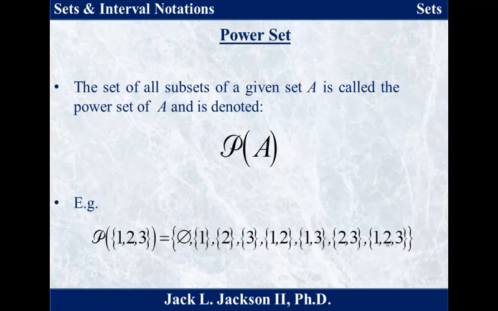We have the set of size 0, the empty set; the sets of size 1, the set containing 1, the set containing 2, and the set containing 3; and then the sets of size 2, the set containing 1 and 2, the set containing 1 and 3, and the set containing 2 and 3; as well as the set of size 3, the set containing 1, 2, and 3. So this is the set of all subsets of A, which is the power set of A.